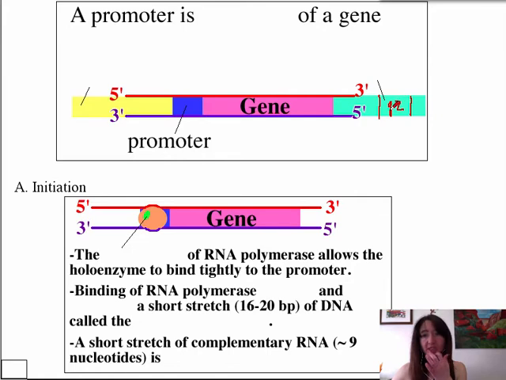And let's just pretend that the promoter for this gene was not on this side of the gene, but instead was on this side of the gene. So it's on that side.